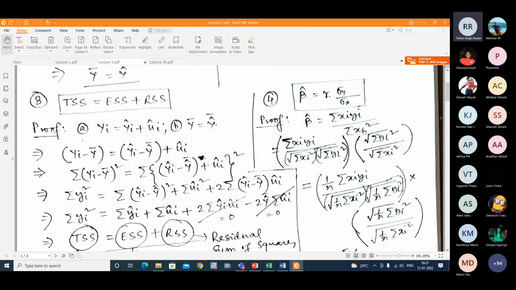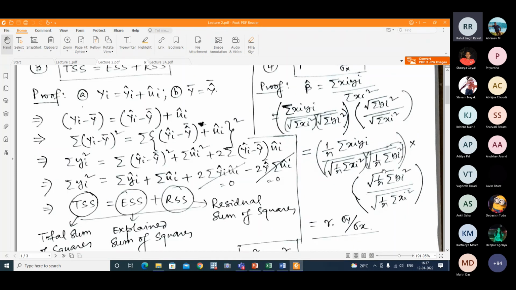So summation of xi square is decomposed into the square root terms, and this part is multiplied in both numerator and denominator. Then if I divide both the numerator and denominator by n, what I am getting is the correlation coefficient between x and y. And here I am getting it like this. This is nothing but sigma y, and this is nothing but sigma x.